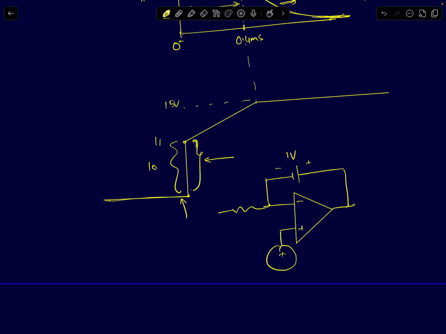So when I apply a step input which goes from 0 to 10 volts, this node voltage will rise from 0 to 10, and the output node voltage will rise from 1 to 11. That's the only difference, 1 to 11. But the step change in voltage will remain the same as the input change.